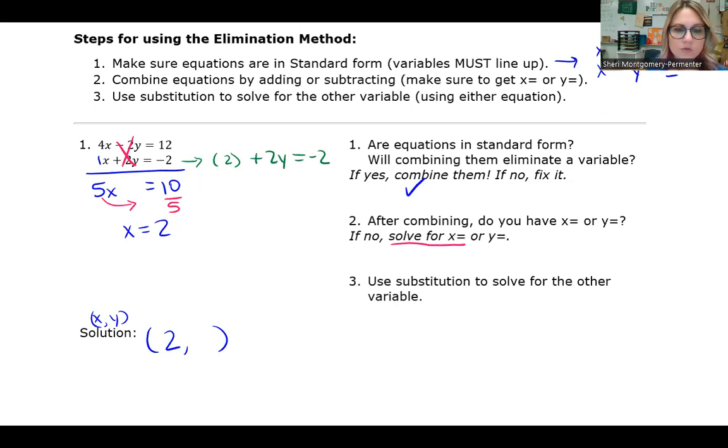And I will solve for Y. This is a 2-step equation. I'm going to have to take the 2 over. It's +2, so I will subtract it. -4, and then my very last step.